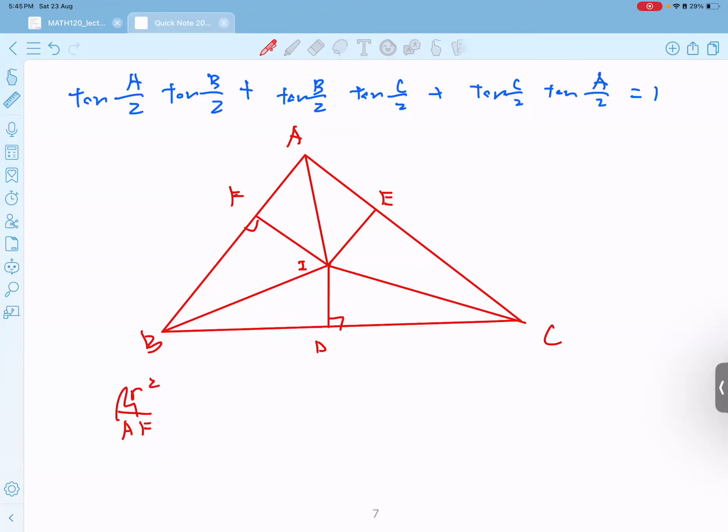The details will be somewhat annoying, but you can substitute these in, and you should get that it equals 1. I'll leave the details. I'm like 100% sure this is the way to go, but it's just very annoying.